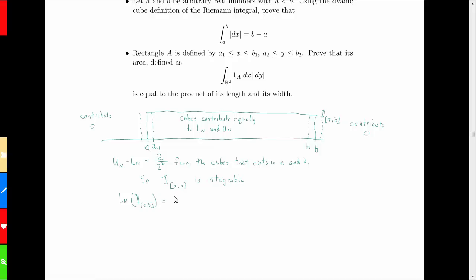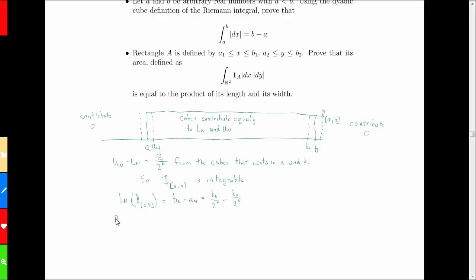So the lower sum at level n of dyadic subdivision is b sub n minus a sub n, right? The sum of the lengths of all the intervals from a sub n to b sub n is just b sub n minus a sub n. Since b sub n and a sub n are dyadic, you might want to point out that each of these is going to be some integer divided by 2 to the n.